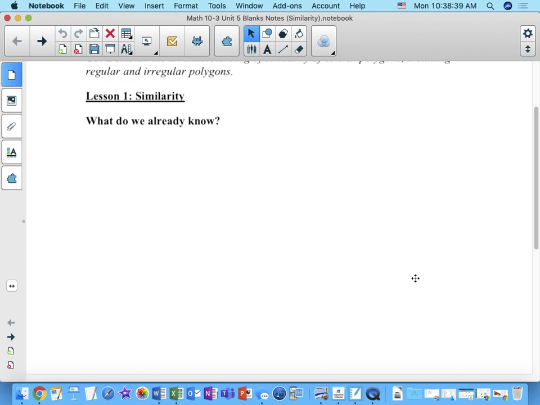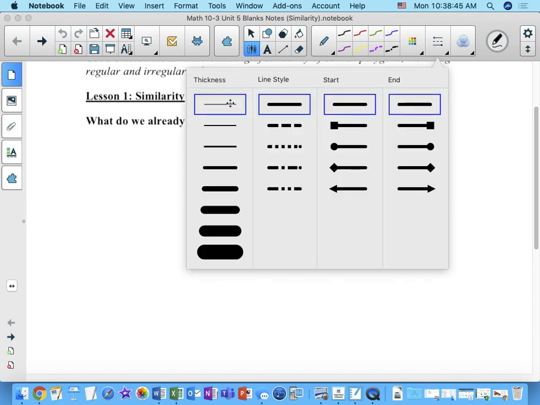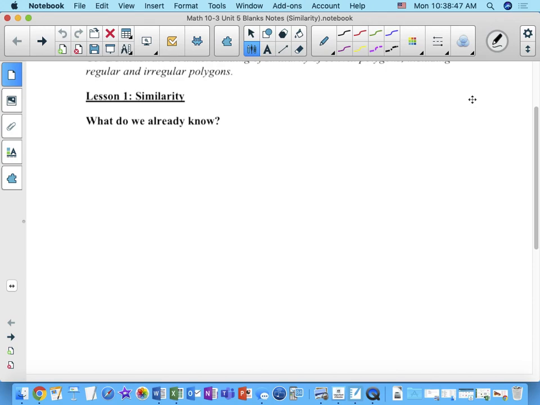And I know that different teachers cover the course in different sequences. So there's a strong possibility that some of you may have looked at similarity when you were studying from home. And so we may be all over the place in terms of what we know so far, in terms of similarity.